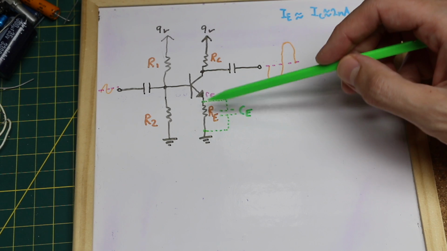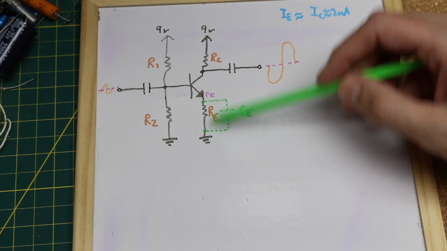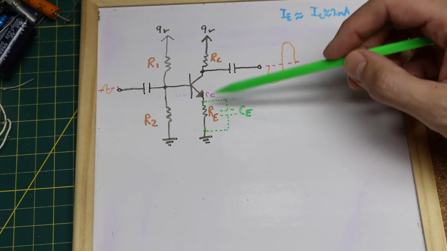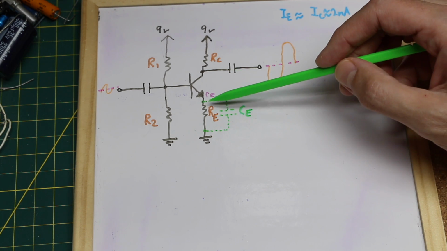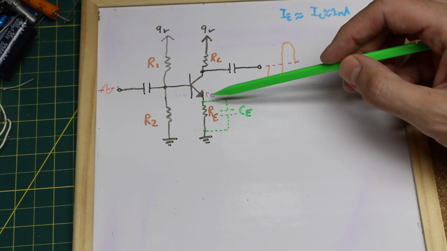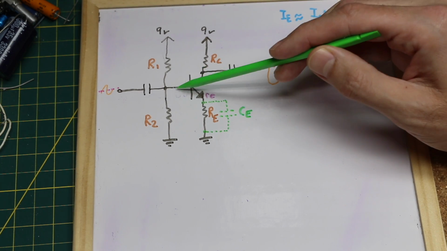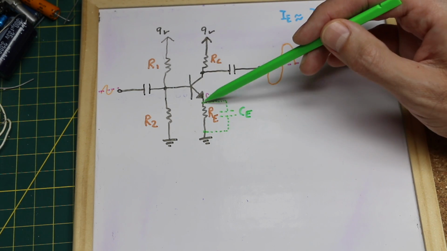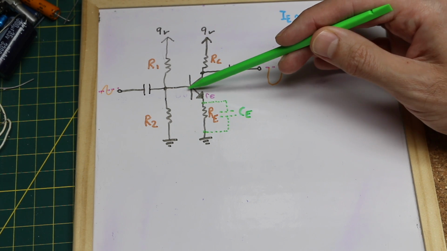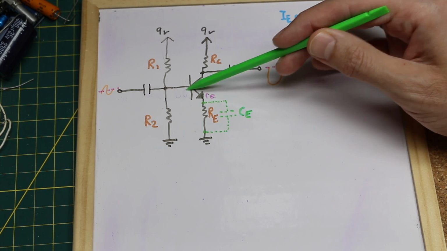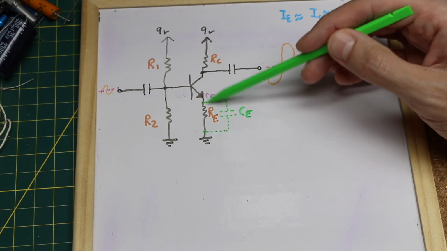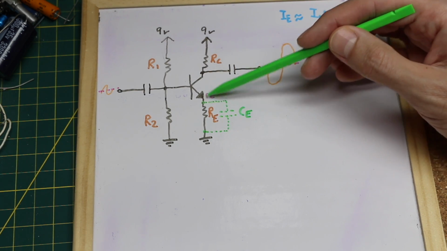For example, if somehow we get some extra current flowing in the emitter due to temperature changes, we will develop a higher voltage across the emitter resistor, and we're holding the base voltage here relatively constant with this voltage divider. So if the emitter voltage increases, there will be a slight change in base to emitter junction voltage. That will change the emitter current and bring that emitter voltage back to where it used to be.